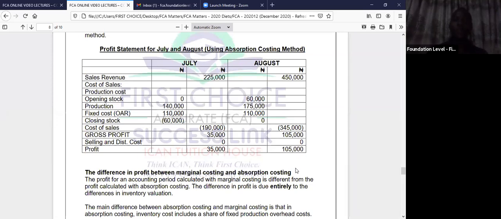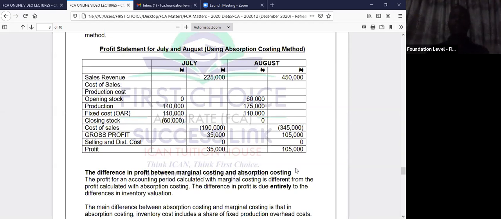What you do is you bring your opening stock and less your closing stock from it. If you have a positive figure, that means your opening stock is more than your closing stock. That means the net effect is that it will behave like opening stock characteristics.